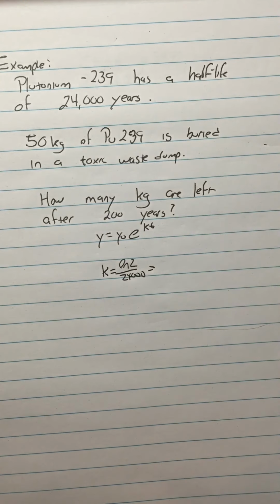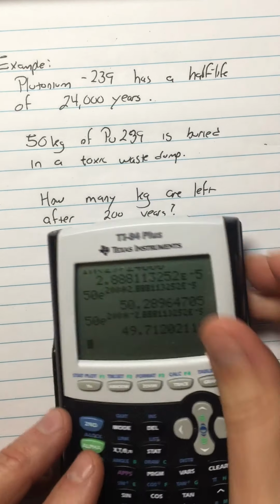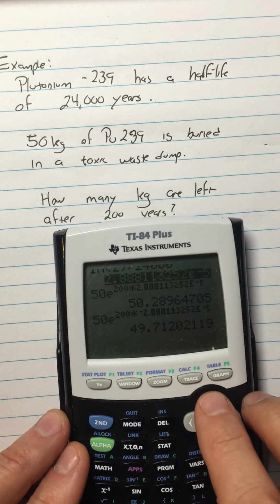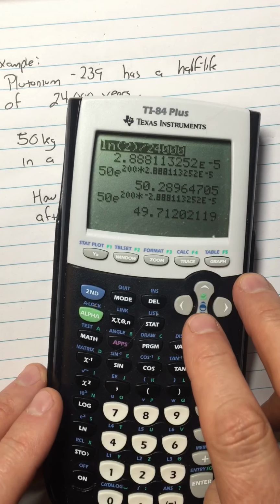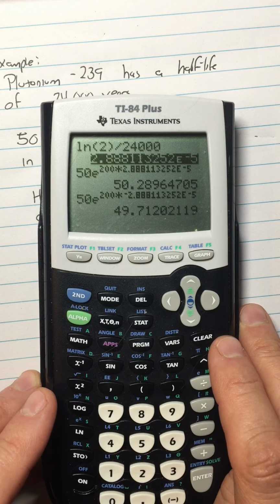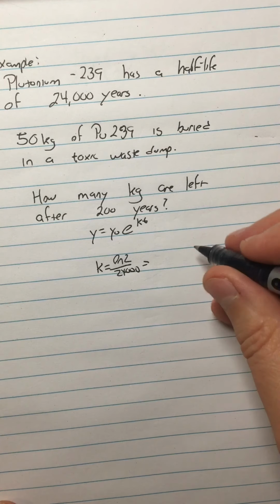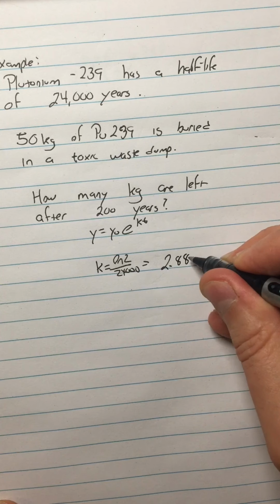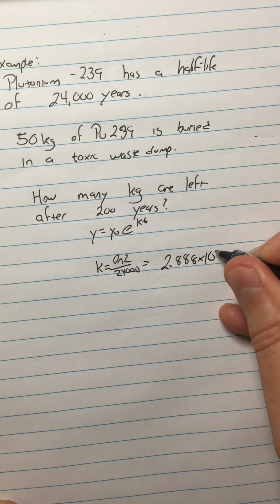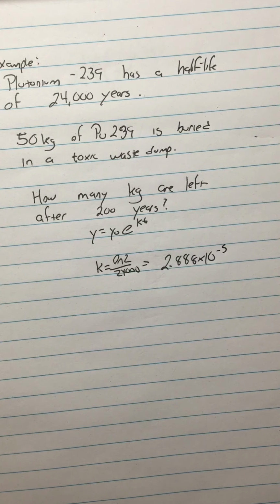And I did that on my calculator, and I got 2.8811 times 10 to the negative 5th power. And of course, I'm going to leave that in my calculator so I can use it. Again, exponential functions are very sensitive to error, so you want to include a lot of decimals when you do the calculation. As far as what I'm going to write, I'm just going to write 3 decimals.